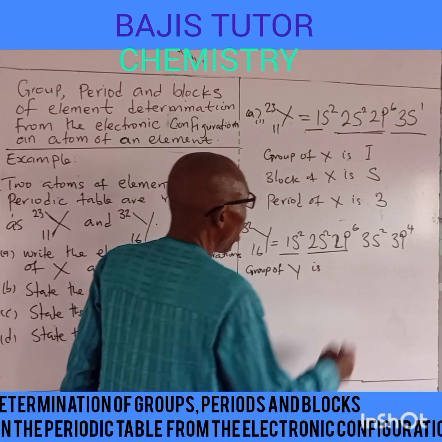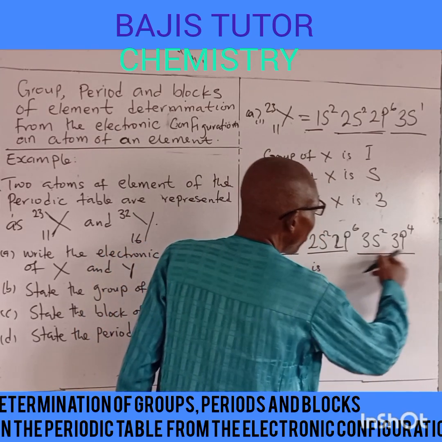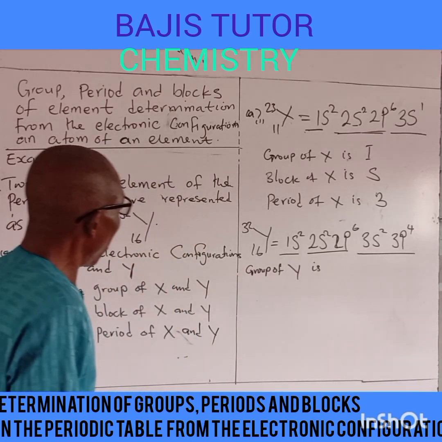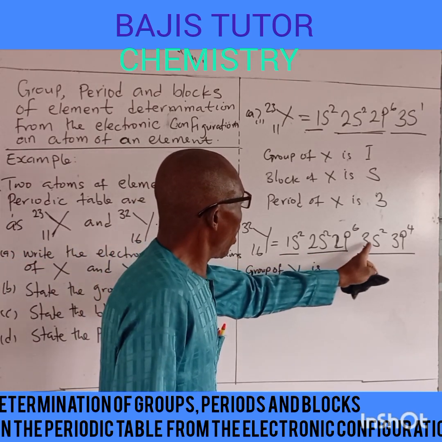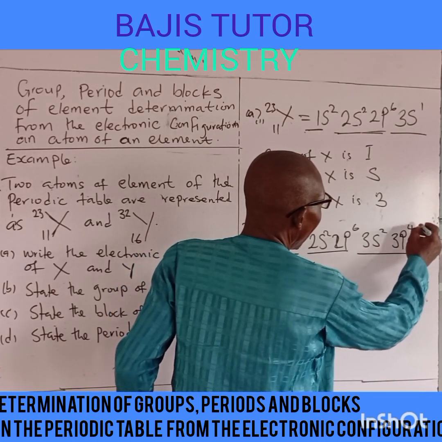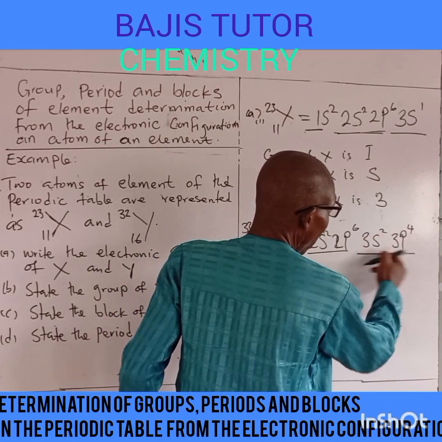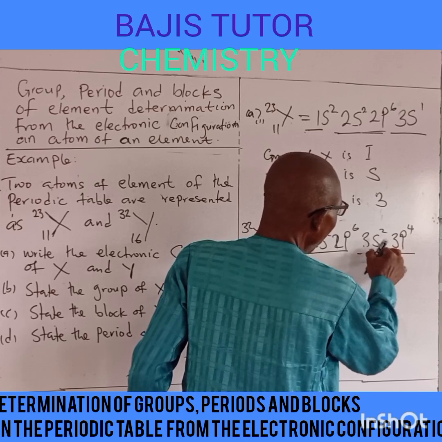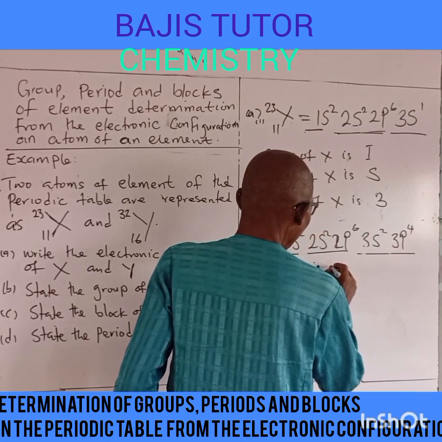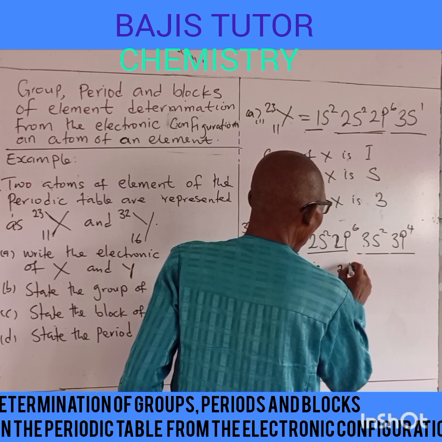So this is the last shell in this element. Let's calculate the total number of electrons present in the last shell. 2, that's the last shell, 3s in the same main shell, 2 plus 4, which gives me 6.